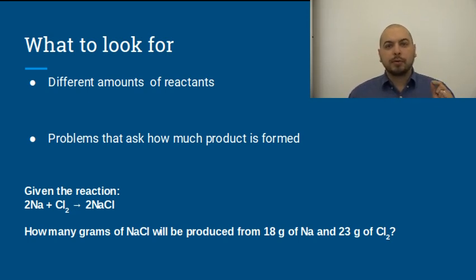So because we're given both the amount of sodium and the amount of chlorine gas in grams, we can guarantee almost that it's going to be a limiting reactant problem. Now, we're going to need to solve for the amount of product that each can form. In the next video, we're actually going to do these practice problems. So what I need you to do first is be able to identify the problems, and then in the next video, I'm going to describe to you how we solve for them.